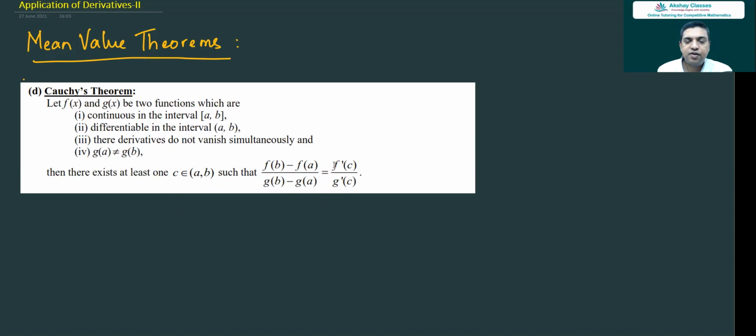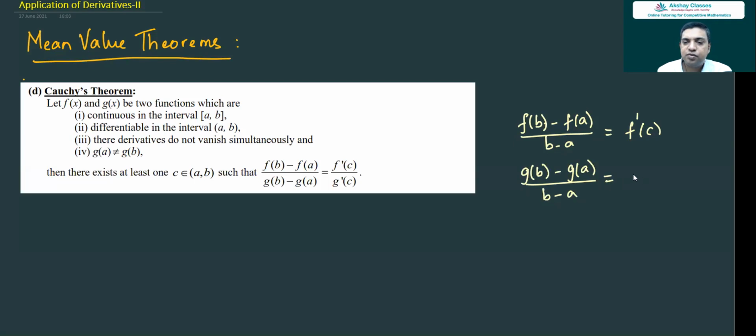It is not that we have (f of b minus f of a) by (b minus a) equal to f dash c, and then (g of b minus g of a) by (b minus a) equal to g dash c. This is by Lagrange's mean value theorem.